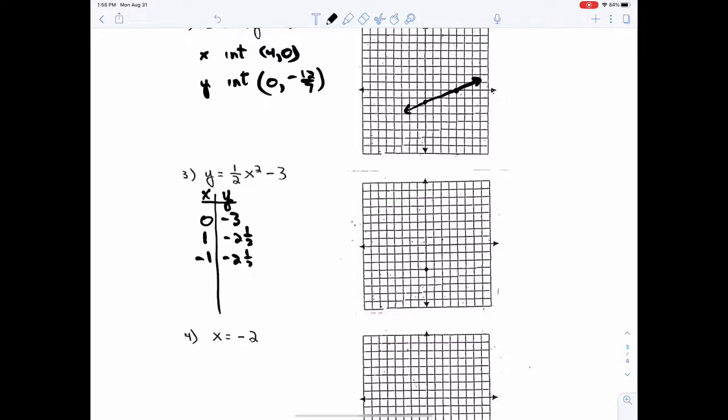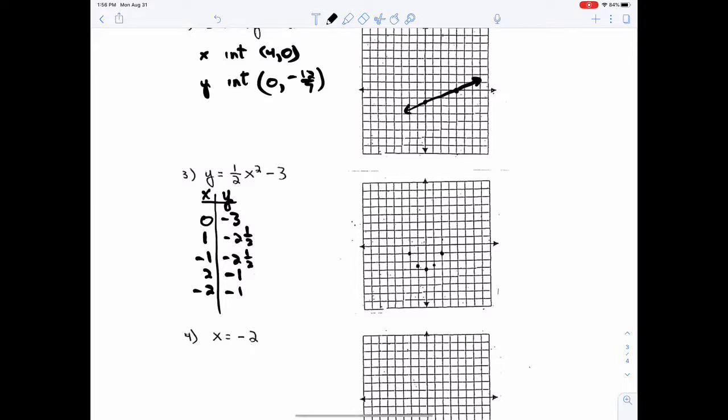If you have any questions on this, ask me. So we have 1 comma -2.5. And -1 comma -2.5. Let's try 2 and -2. So either one of those squared is 4 times 1/2 is 2 minus 3 is -1. So we have 2 comma -1.